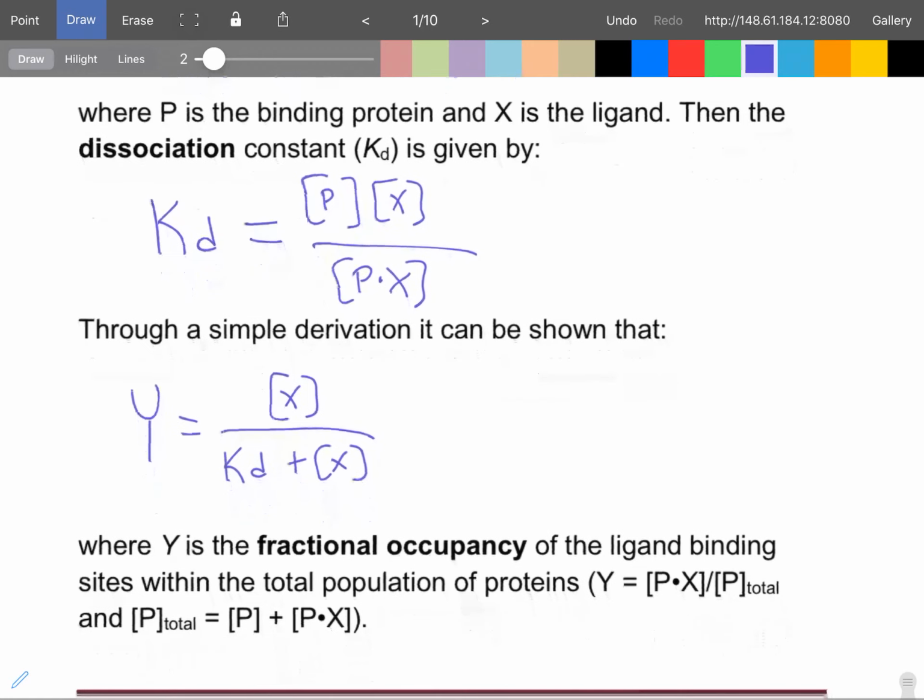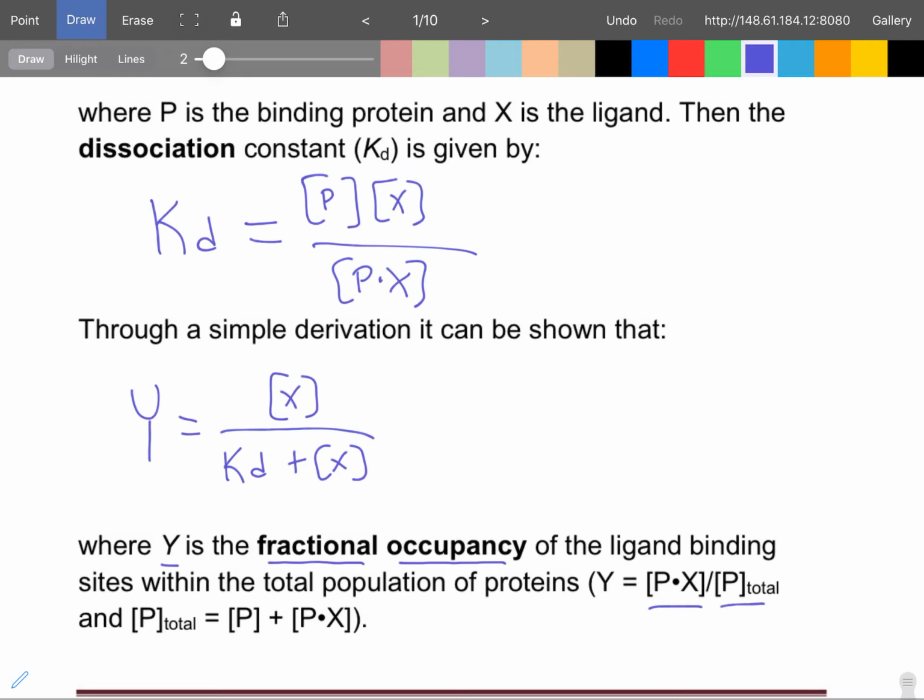This capital Y is what we call the fractional occupancy. It's essentially the proportion or the percentage of proteins in a population that have a ligand bound to them. You can see that in the definition down here, where you've got the concentration of protein-ligand pair divided by the total concentration of protein.